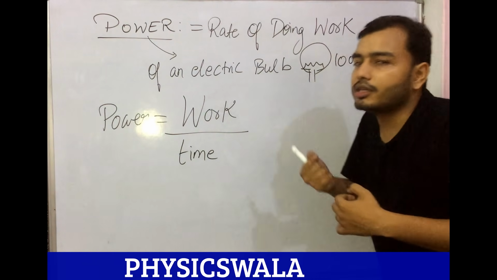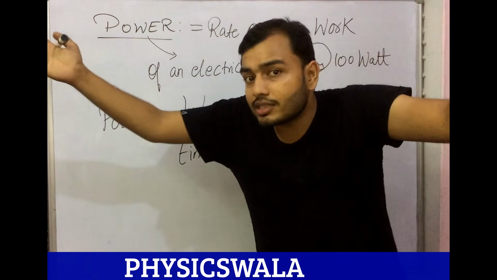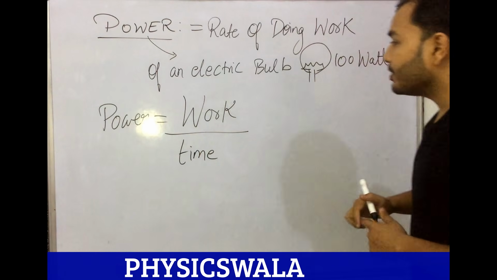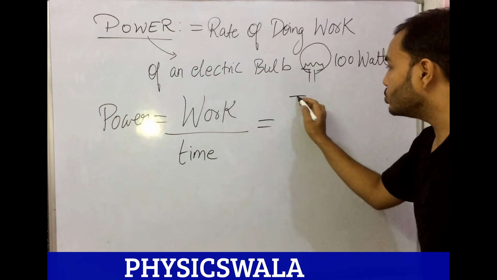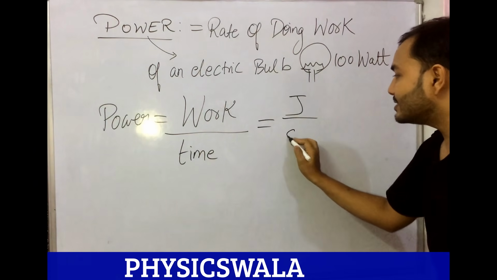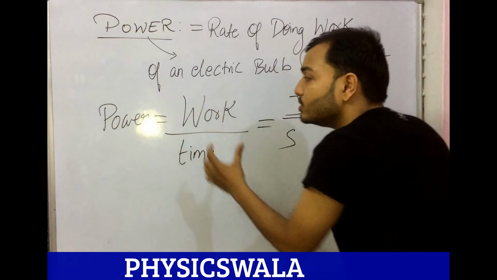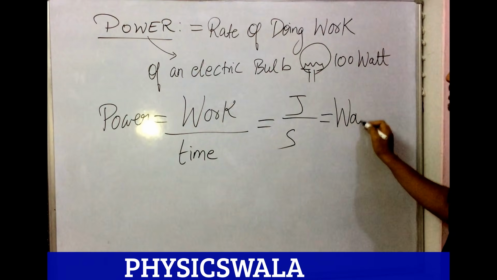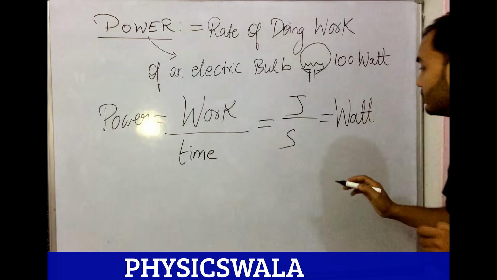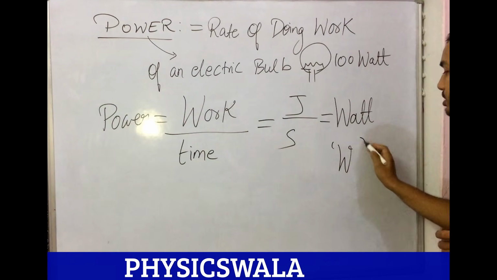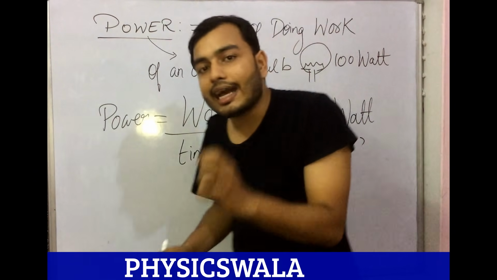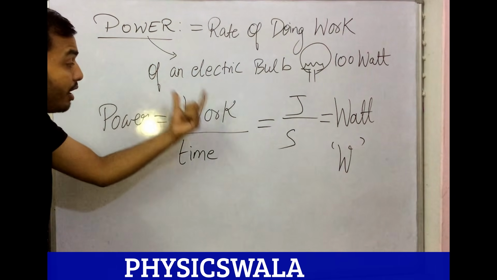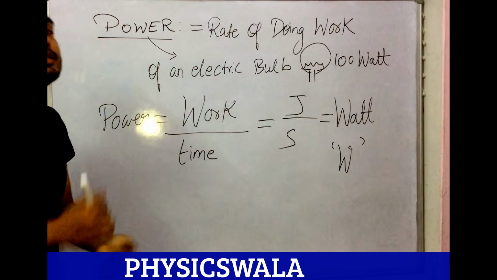How fast the work is done, not how great the work is done. Work has unit joules. Time has unit seconds. So power has units joules per second, also called watt, denoted by capital letter W. So the SI unit of power is watt and the formula for power is work divided by time.